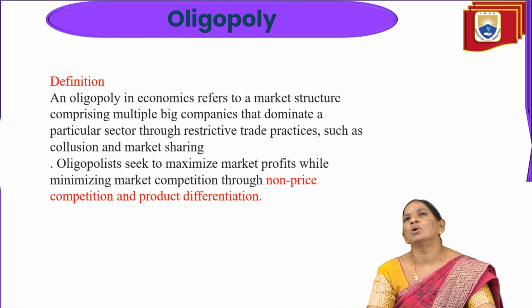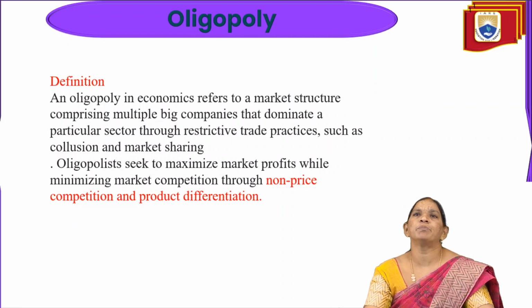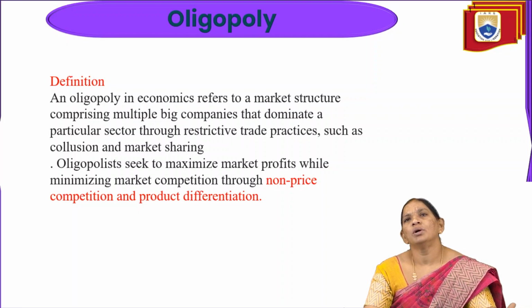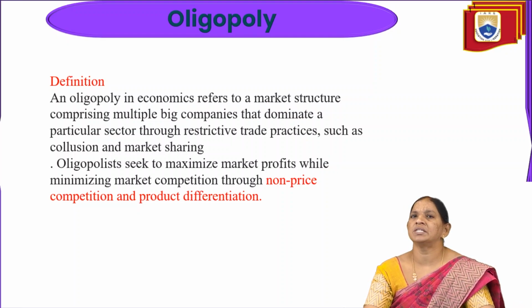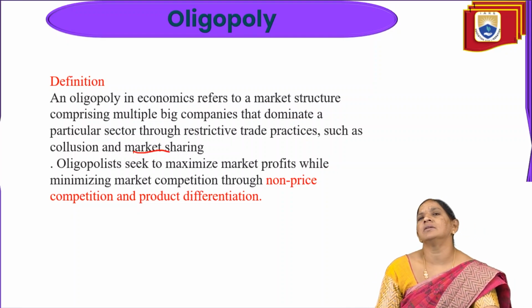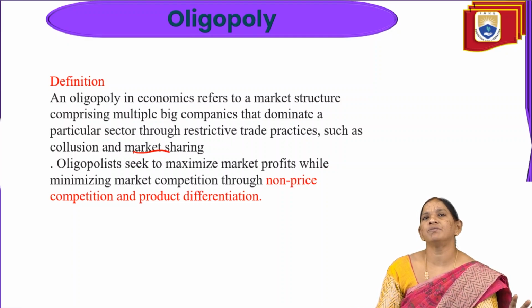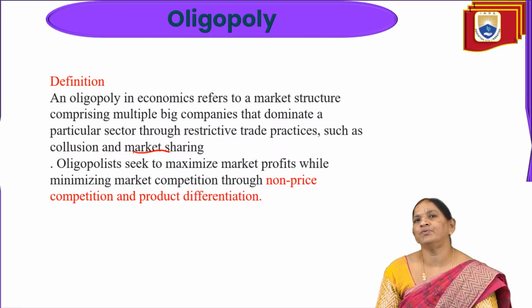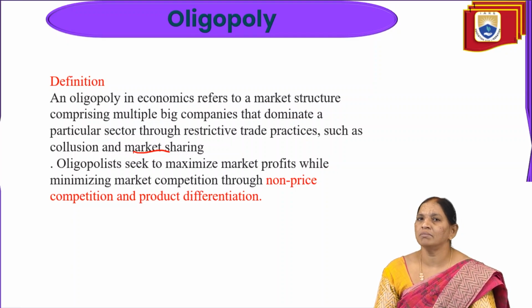Collusion means that by decreasing the prices, we want to sell more goods and services, or maybe market sharing. Market sharing means that 2 or 3 firms will share the total market, 30%, 40%, 50%, and these big firms will sell the goods in the market.